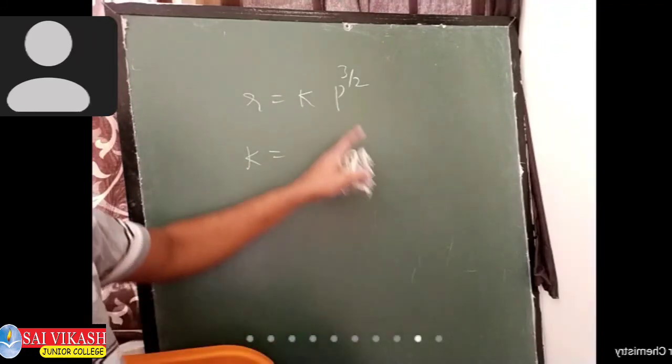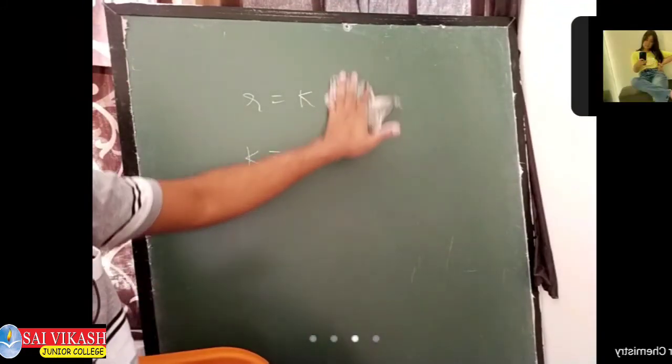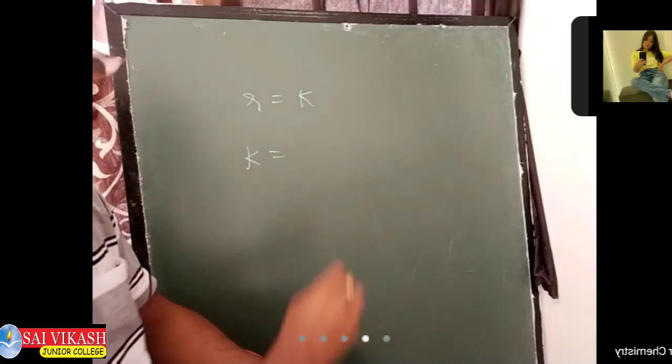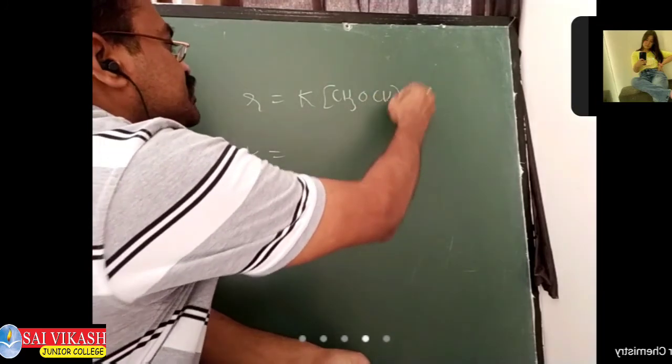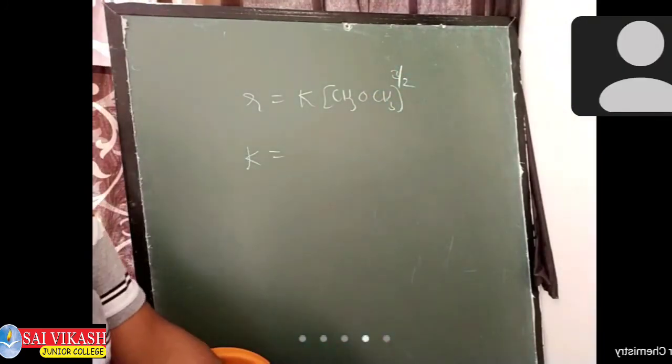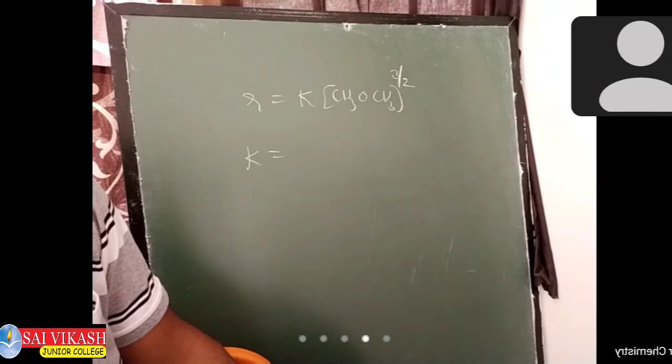Actually pressure is given. First of all, R equal to K into the molar concentration of CH3OCH3 power 3 by 2 is given.